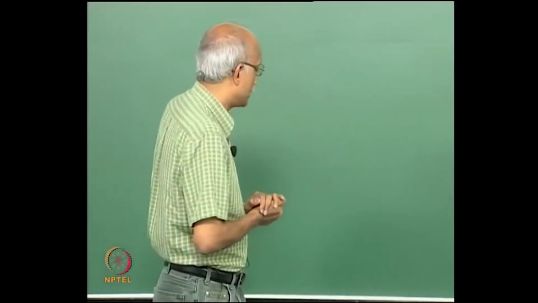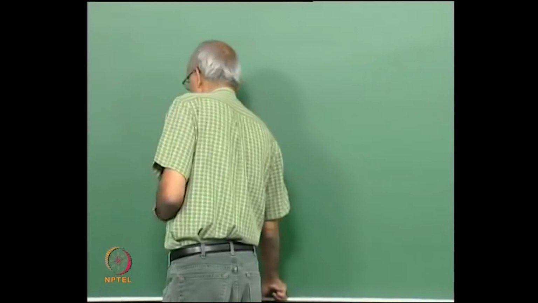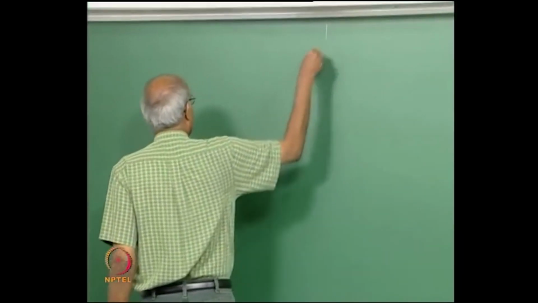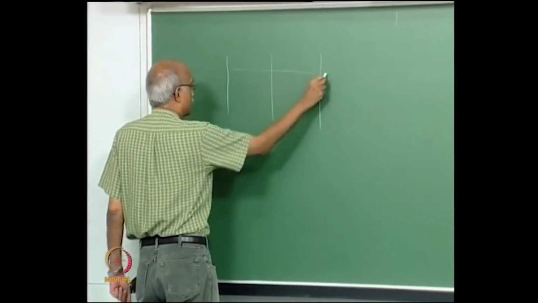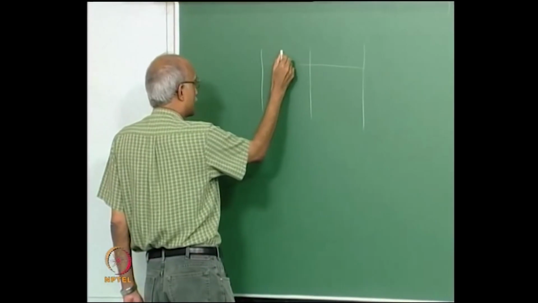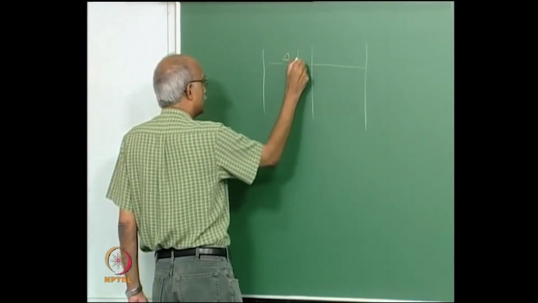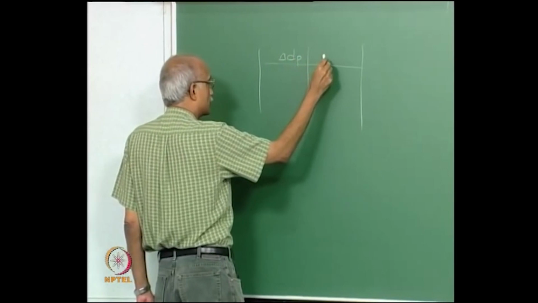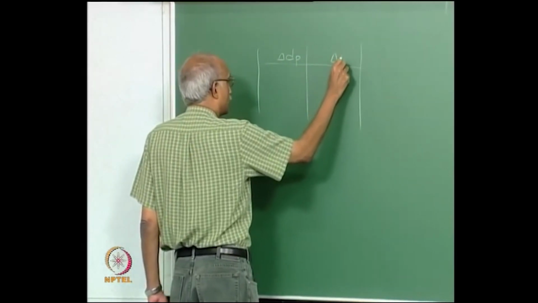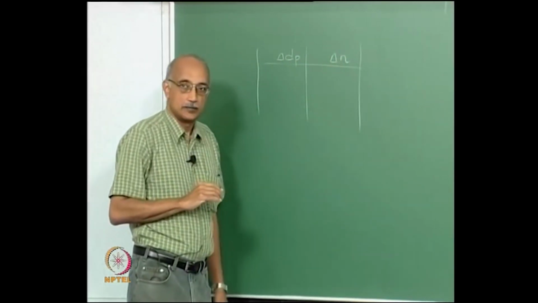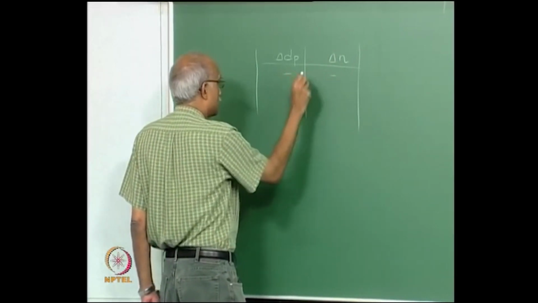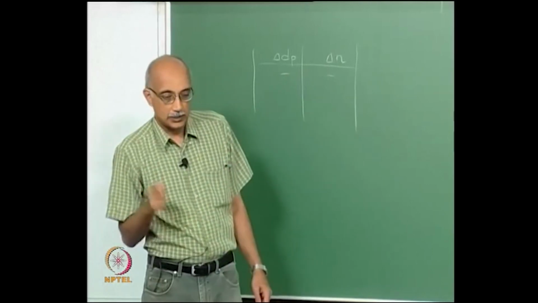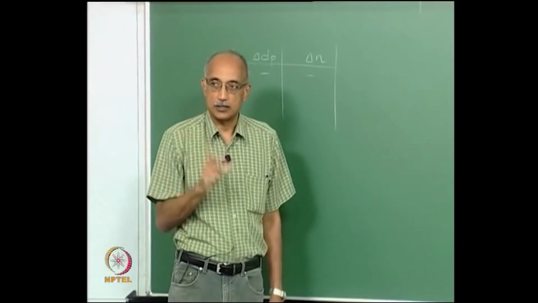So, when we try to fit particle count data using a function, typically the counts are given as a size range, delta dp, versus a differential count, delta n, right. So, for various values of delta dp, we get values of, let us say, the differential count of particles in that channel.